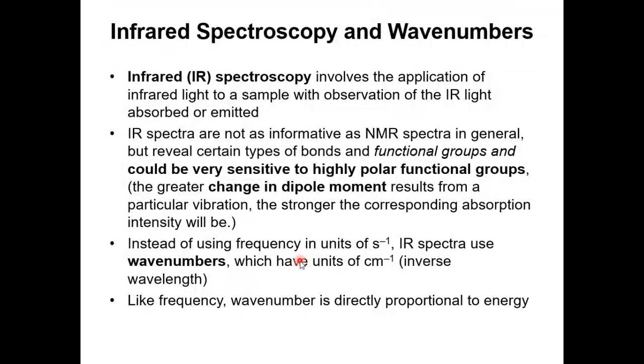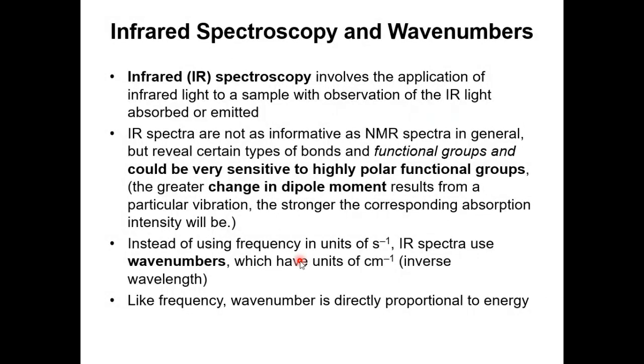So infrared spectroscopy basically involves, as the name suggests, the application of infrared light to a sample, with observation of the IR light absorbed. Infrared spectroscopy is not as informative as NMR spectra in general.